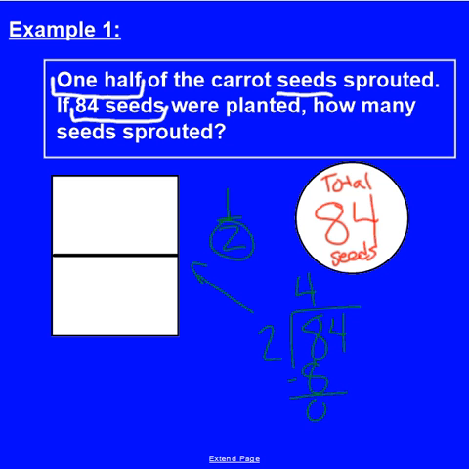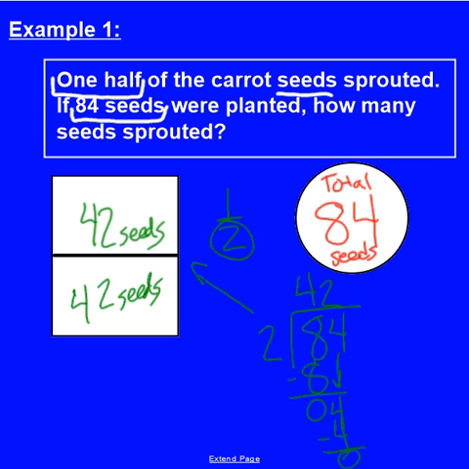I subtract. I bring down my 4. 2 goes into 4 how many times? 2 times. 2 times 2 is 4. And I get 0. So there should be 42 seeds in this box and 42 seeds in that box.